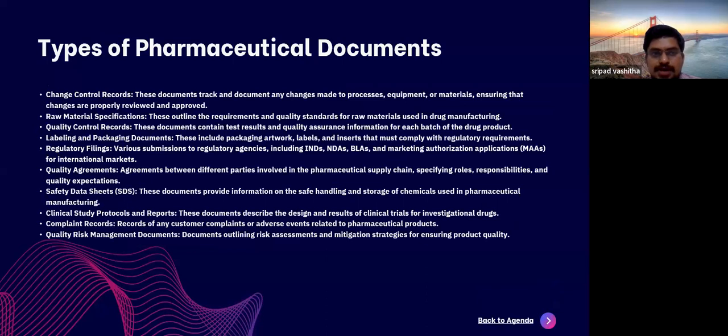So coming to the next set of documents in these discussions, change control records. What is change control? Yeah, so what does change mean? Anything which is different, or which was there till now and we are doing it differently. Yeah, so then that can be called a change, right?